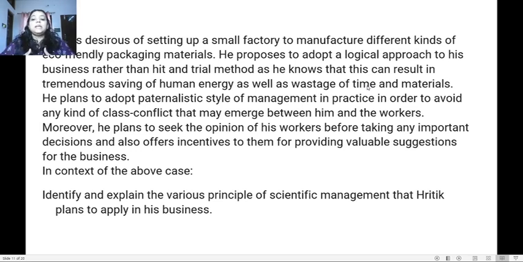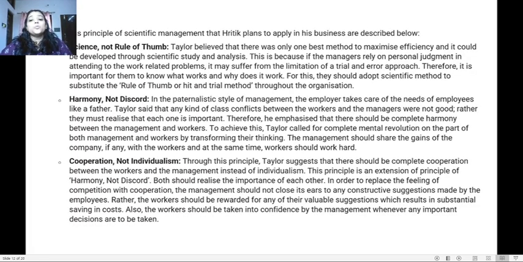Between him and the employees, right? And there should be no conflict between them. So you can see here any kind of class conflict may not emerge between him and workers. So we can say here that Hrithik was trying to maintain harmony in the organization without any discord, that is without any conflict, right?